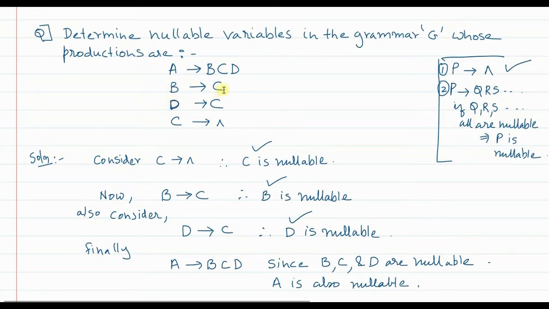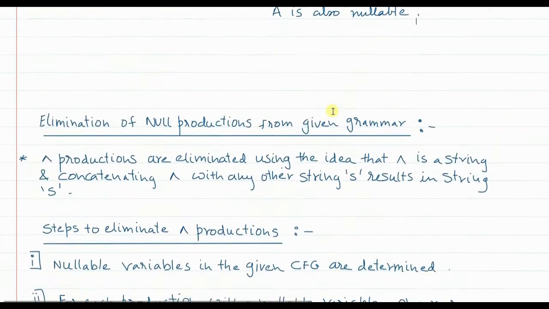Same is the case with B. Since on the right hand side there is only C and C is known to be nullable, B is also nullable. So at this point you get B, D and C all nullable. When you consider this last production, B, C and D are known to be nullable. So all the elements on the right hand side of the A production are nullable. That's why I can say A is also nullable. So these are the two direct ways of finding the nullable variables. This is how we find nullable variables.